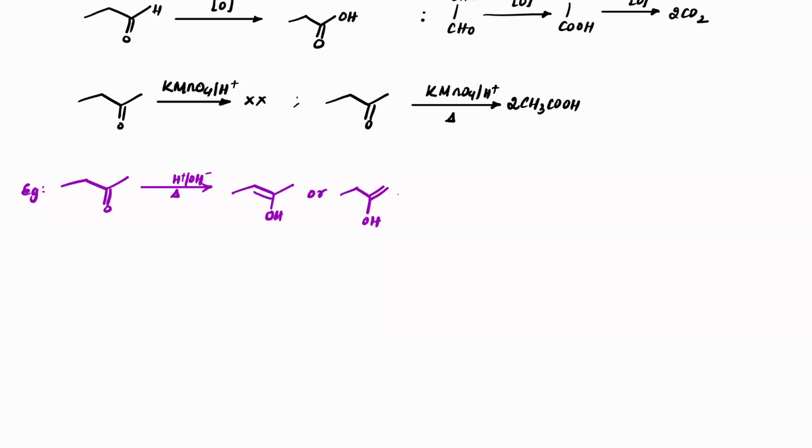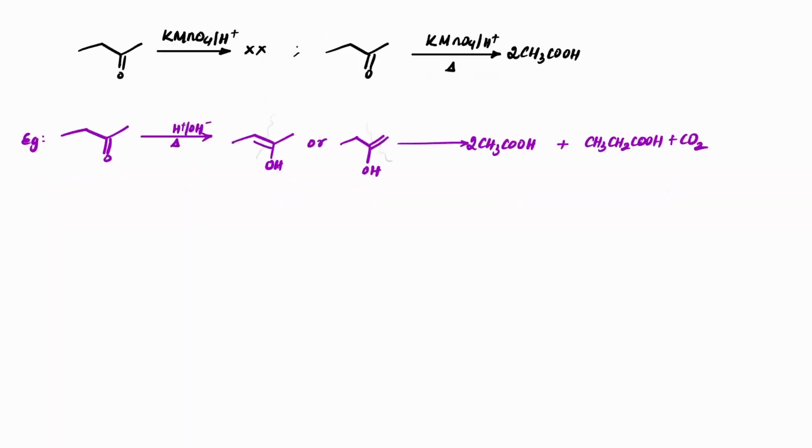Now, the minute you get a double bond, KMnO4 will be able to break this bond here. If KMnO4 breaks the bond here, what do I get? In the first case, I will get CH3COOH, 2 moles. And in the second case, we will get CH3CH2COOH plus a single carbon that converts into carbon dioxide.